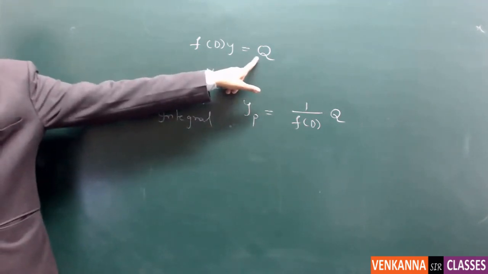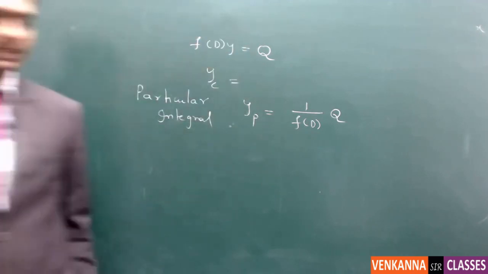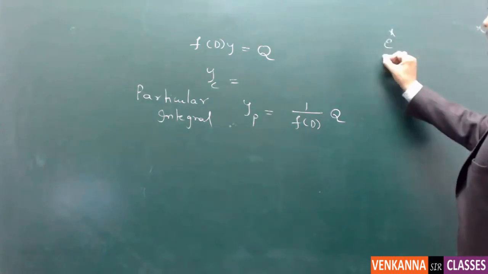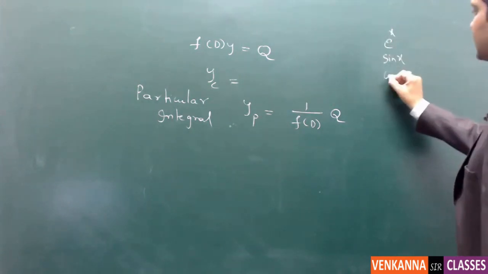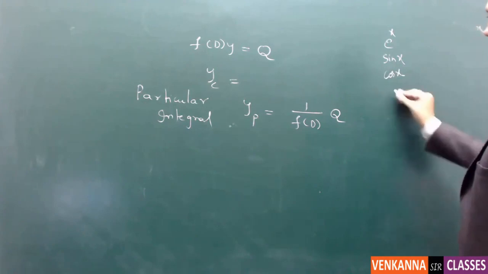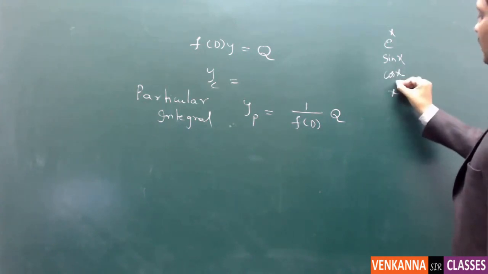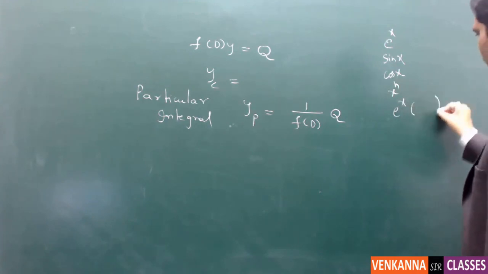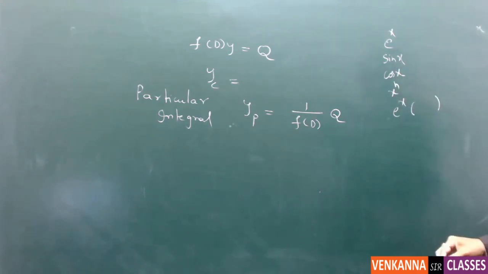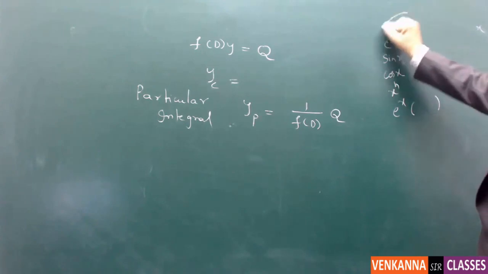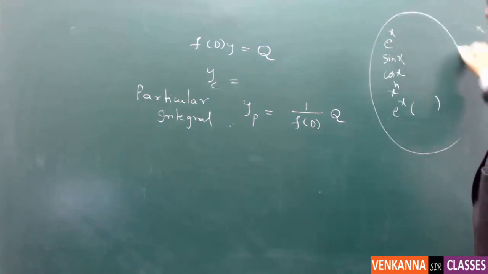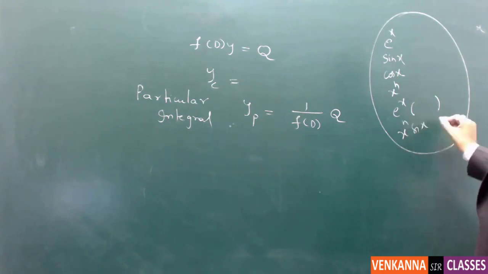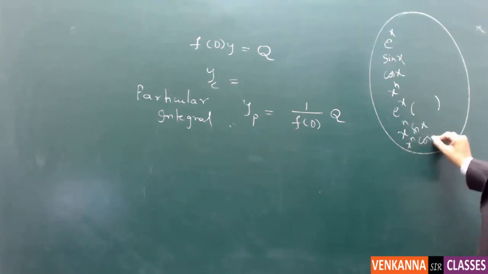If q has the following functions, say e power x, sin x, cos x, x power n, and e power x into something, then procedures are defined, and some more, x power n into sin x or x power n into cos x, like that.